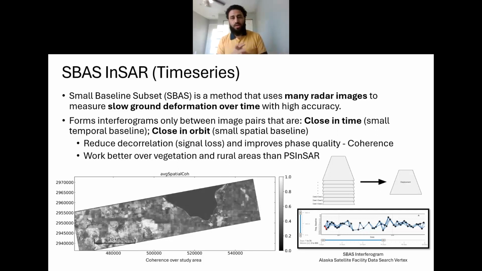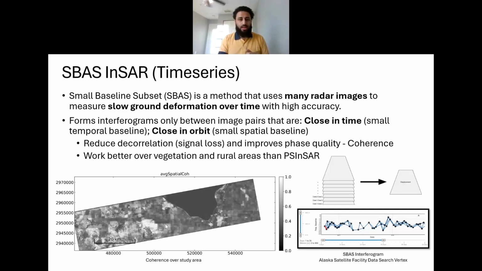There are two types, PS InSAR and SBAS InSAR. In SBAS InSAR, we collect the images close in time. Sentinel has, let's say, 12 days temporal resolution, 12 days apart, and the satellites in the orbit are also closer. So the temporal and spatial baselines are closer, and in that way we have improved coherence.